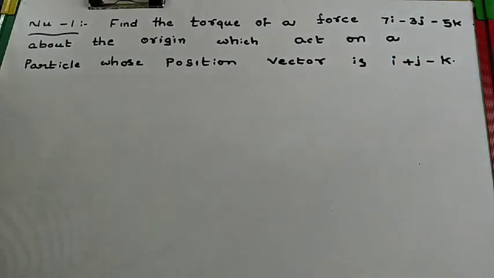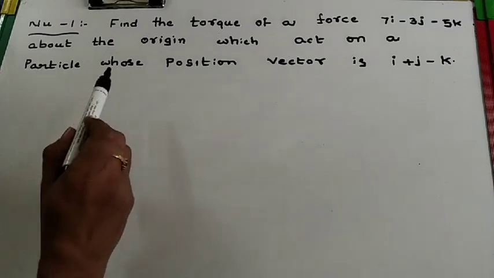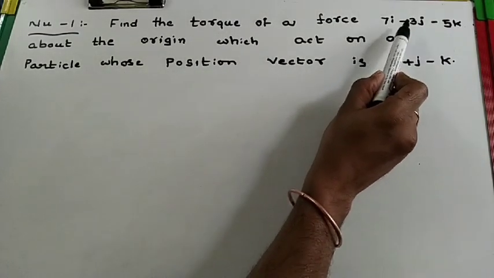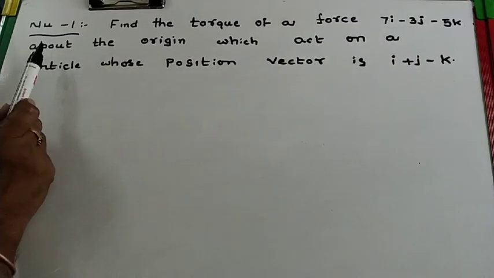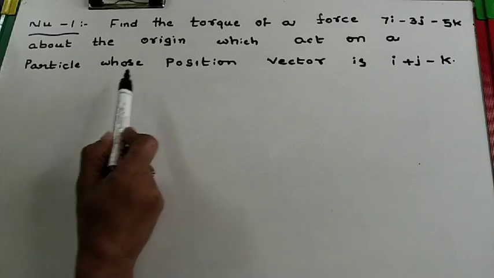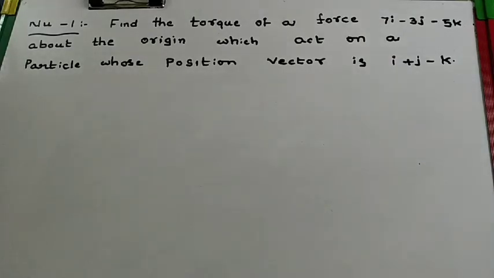Once again I am repeating this point. Find the torque of a force 7i minus 3j plus 5k about the origin which acts on a particle whose position vector is i plus j minus k.